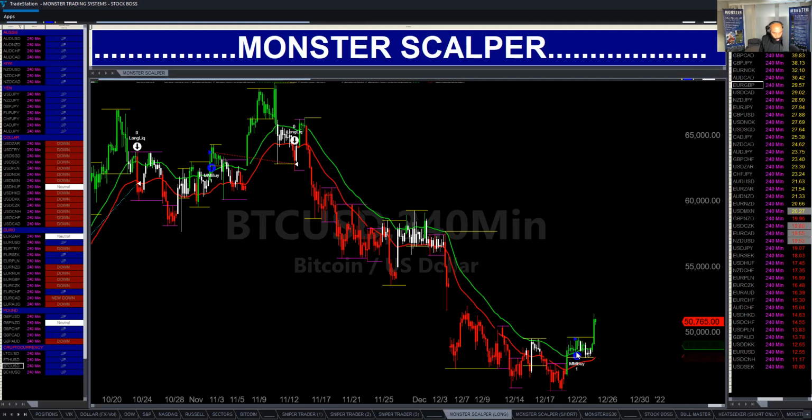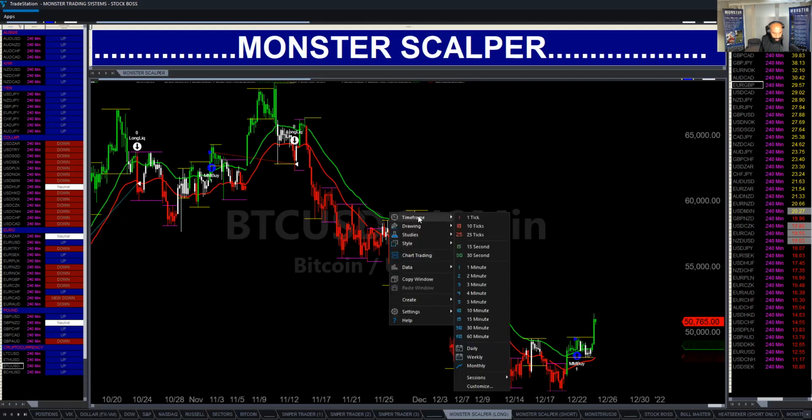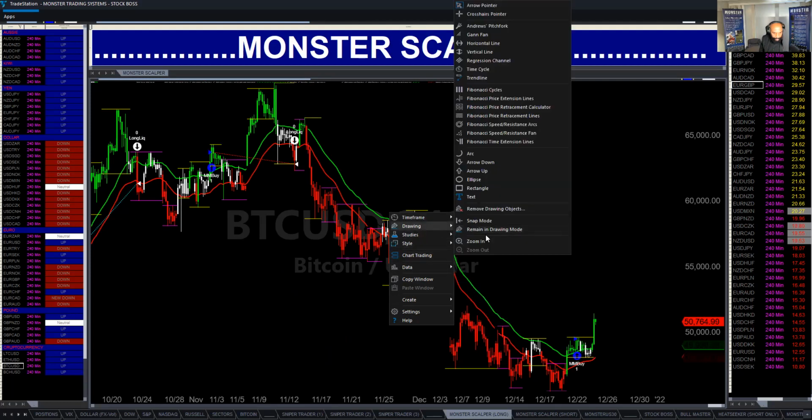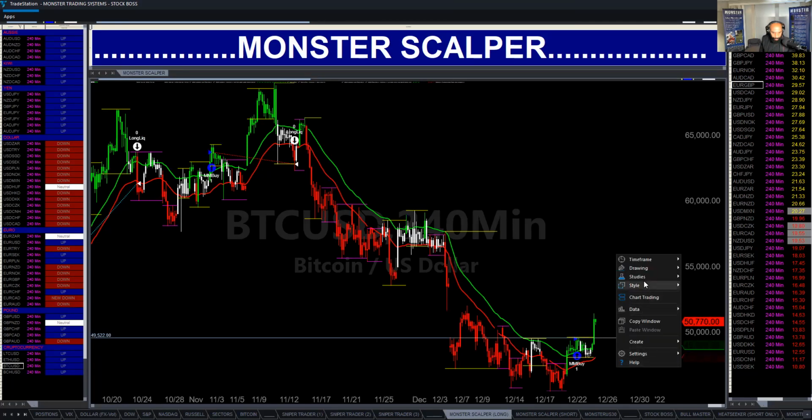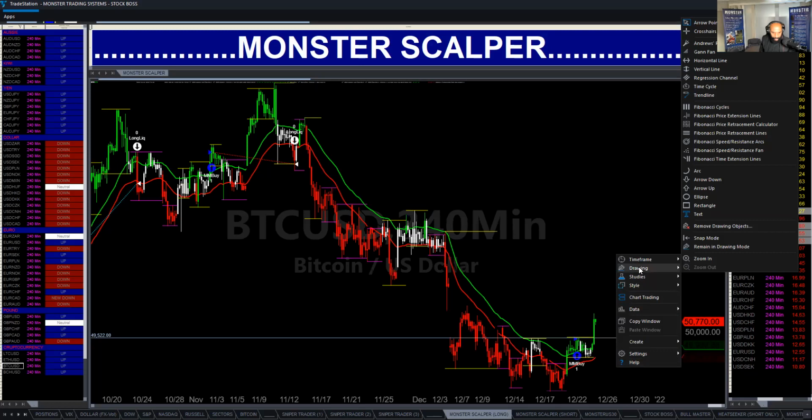This is kind of what you want, right here. This is the accumulation phase, and this is how you want the accumulation phase to look. This is when you need to start really focusing on the stocks and start looking to buy, when it does this.